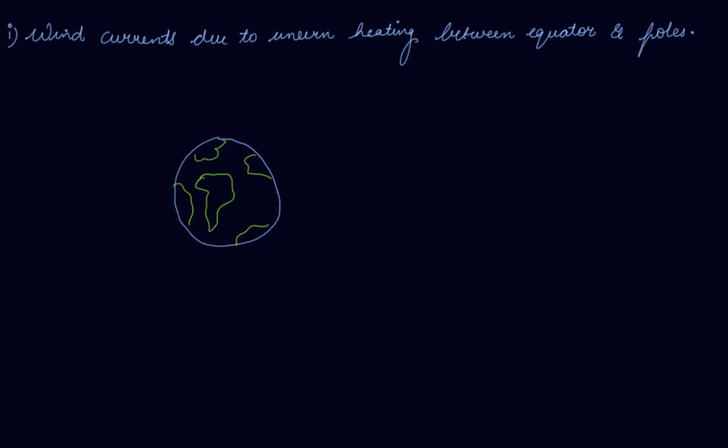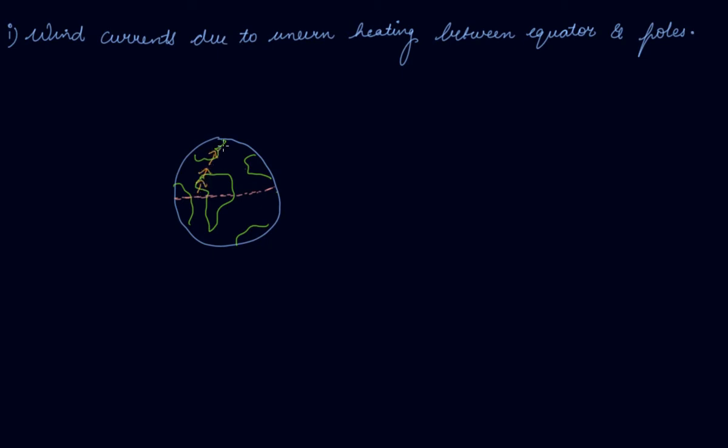Now we know that at the equator the heat is very high. The places near the equator are very hot. So the air from the equator, due to the heat, expands and rises up. So the air is rising up.